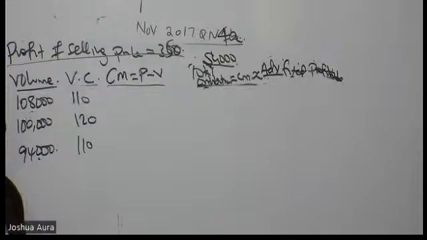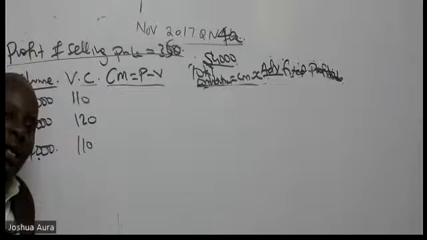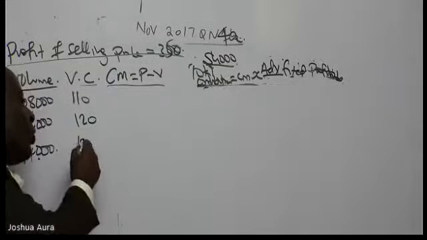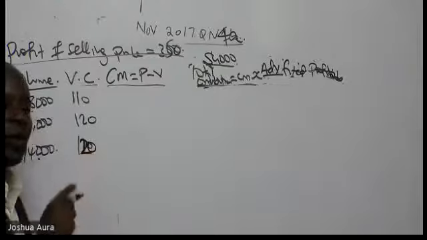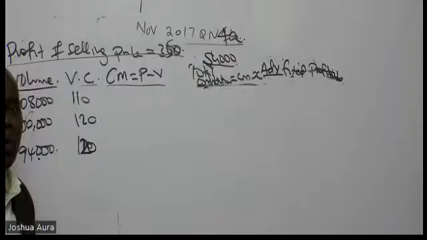You guys are very bright. It's less than 100,000 units. And anytime you produce less than 100,000 units, then the variable cost will be 120. Thank you so much. You stood your ground.